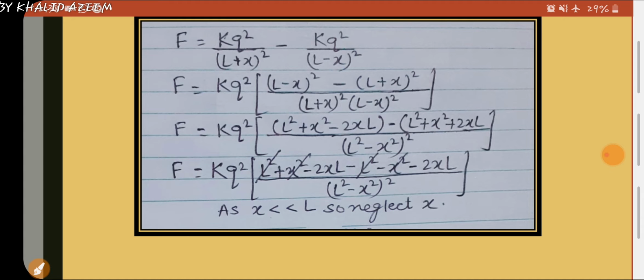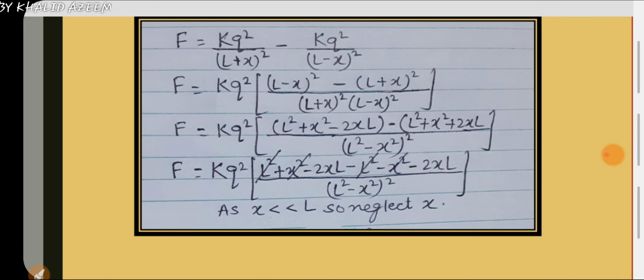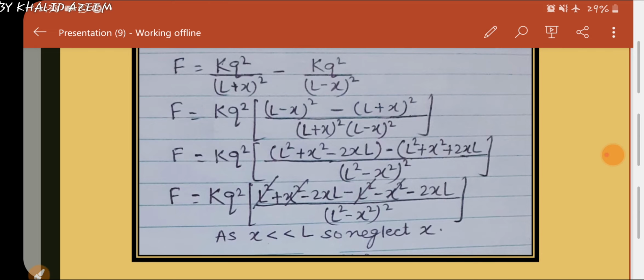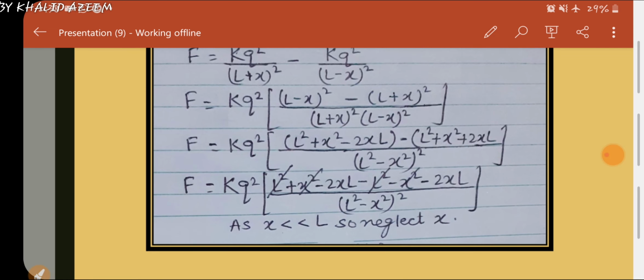So L square will cancel out L square, x square will cancel out x square, and only 2xl remains, which is positive and becomes negative.